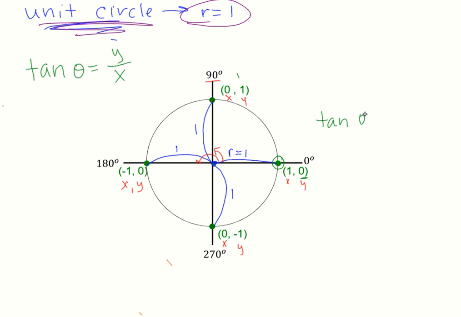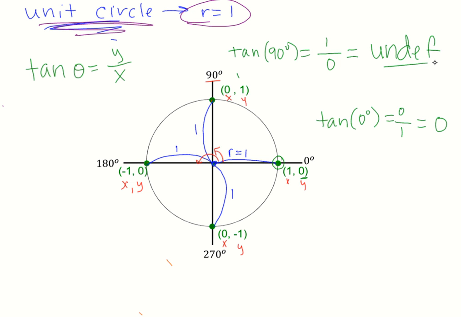Tangent of 0 is the y, which is 0, over the x, which is 1, which is 0. Okay, how about 90 degrees? The tangent of 90 degrees is the y, which is 1, divided by the x, which is 0. Uh-oh, can't divide by 0, right? It's illegal. What happens? The world blows up, whatever. We just call it undefined.